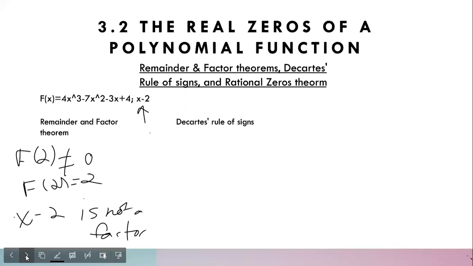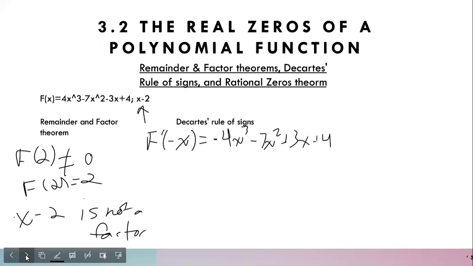For this, we plug in a negative x in all of our x spots. After we do that, we'll get negative 4x cubed minus 7x squared plus 3x plus 4.